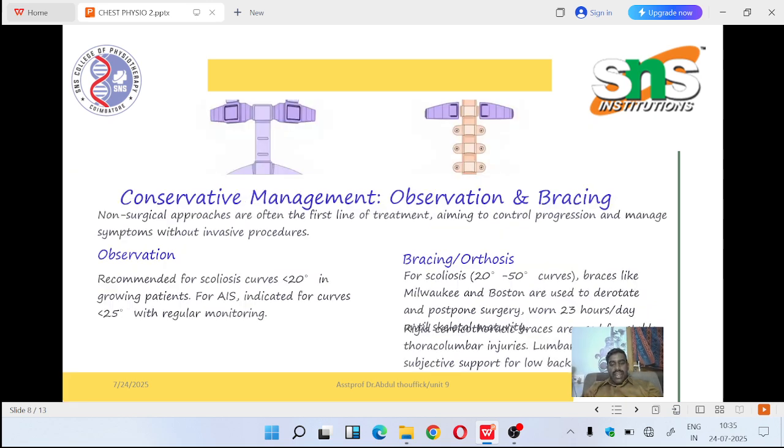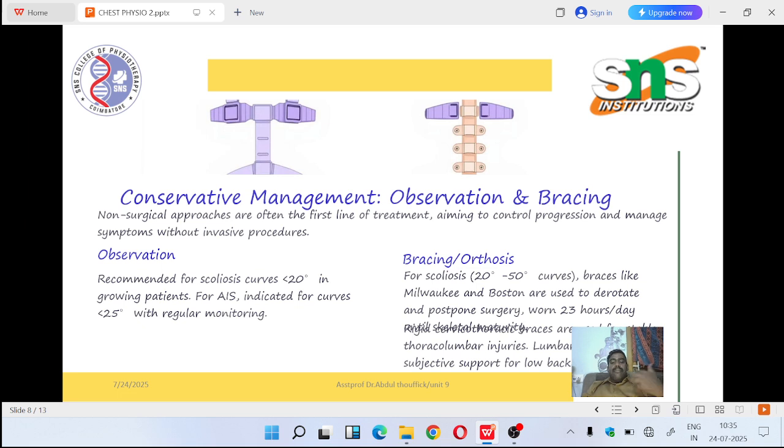What are the conservative management methods? They include observation for mild scoliosis of less than 20 degrees in children, and bracing, for example a Milwaukee brace or Boston brace for scoliosis with curves of 20 to 50 degrees. Physiotherapy is used, like spine mobility exercises and muscle strengthening exercises, such as the Schroth exercise approach for scoliosis.